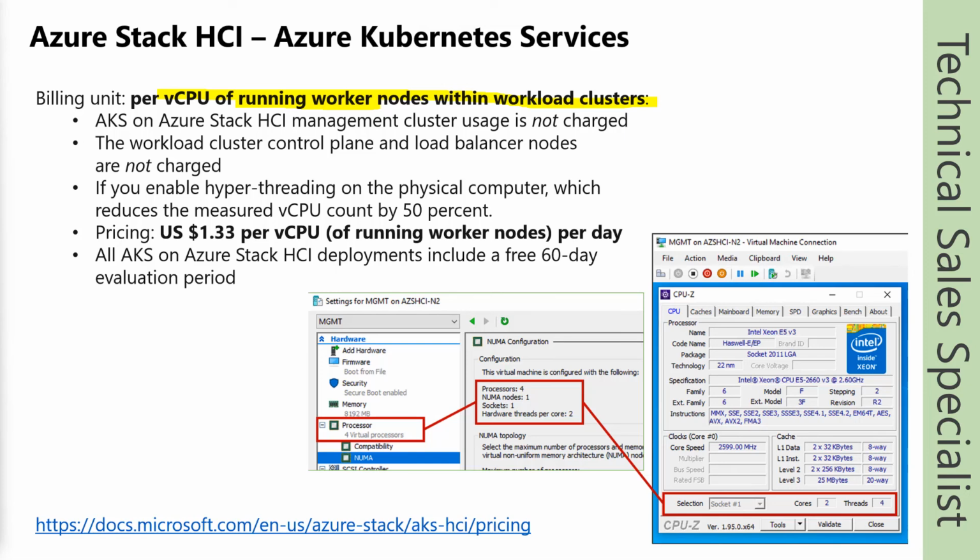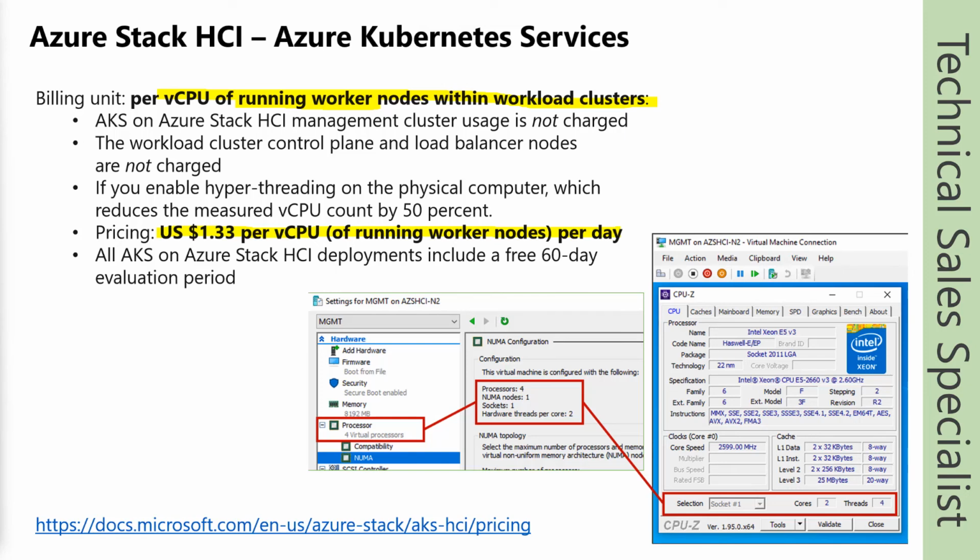When you start worker nodes, Azure will see these running worker nodes, and you will be charged for it. And if you shut down the worker nodes, you will not be charged for them any longer. The pricing is $1.33 per vCPU of running worker nodes per day.